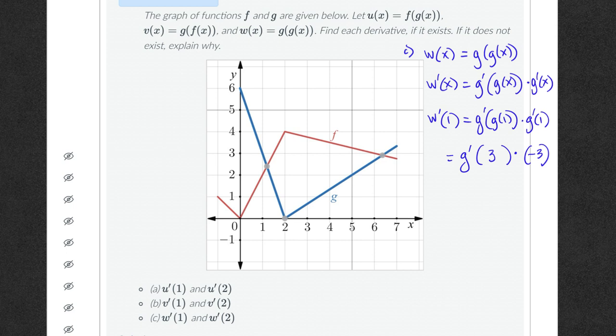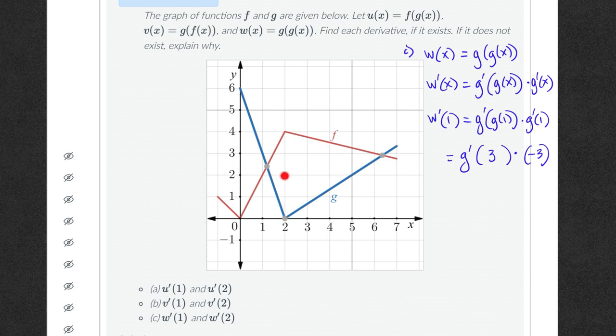G prime of 3 is the slope of the graph of g at x equals 3. Notice that any point on this line has the same derivative because they share the same line. The slope of this line is rise over run. Pick two nice points, going from (2, 0) to (5, 2).